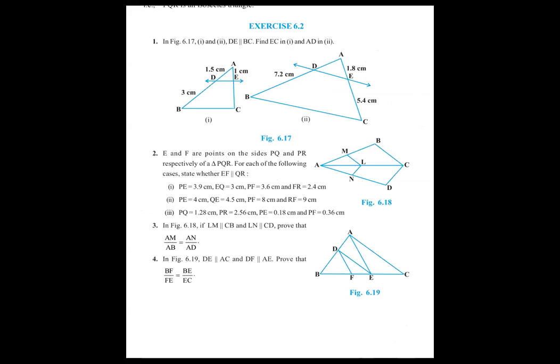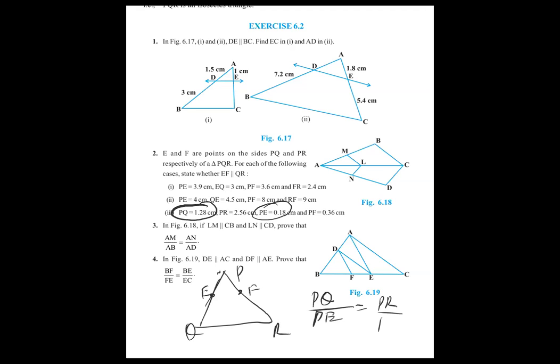So what you have to do? Corollary you have to use: PQ by PE, because if you draw the diagram PQR, obviously from the corollary, the total upon this one is equal to PR by PF. So PQ is 1.28 and PE is 0.18, and PR by PF is 2.56 by 0.36.